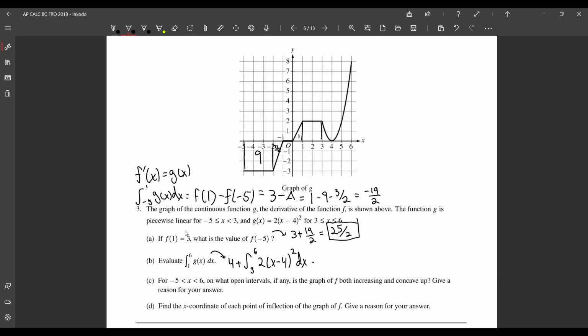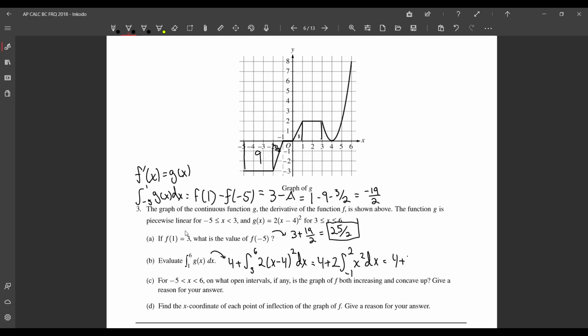Okay, so this is going to be the same as 4 plus 2 times the integral of, I'm just going to shift everything over. Of course, this is times 2, so that makes sense. Of x squared dx.